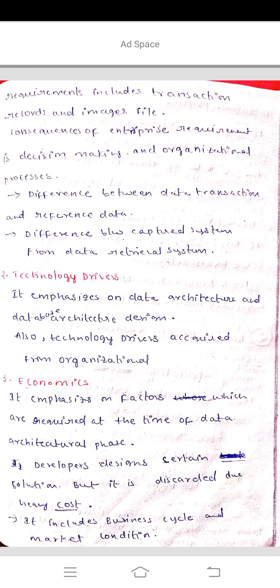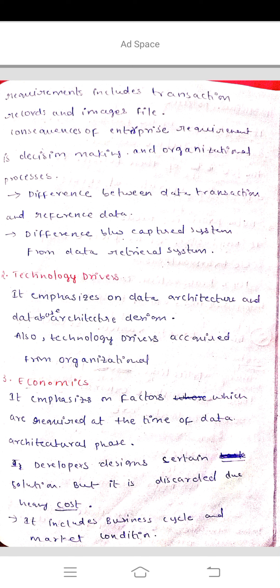Requirements include transactions, records and image files. Consequences of enterprise requirement are decision making and organizational processes. Difference between transaction data and reference data. Difference between captured system and data retrieval system. So this is about the first one.